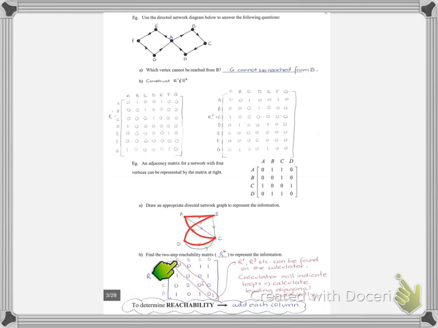Now you can see that there are no loops in this diagram, so that would not make sense. Okay, so if that happens, if you use your calculator to get a 2-step reachability matrix, or even a 3-step reachability matrix, just check that leading diagonal and change any numbers into zeros.